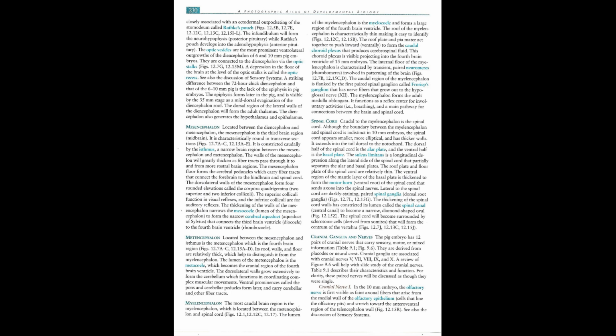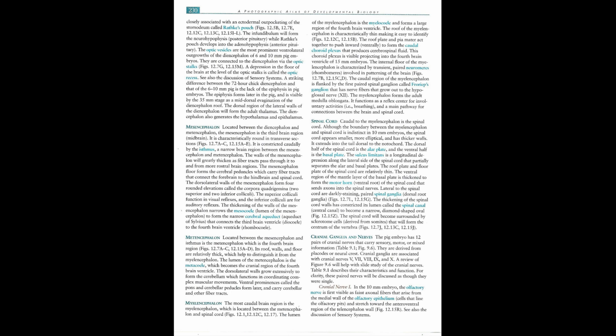The thickening of the spinal cord walls has constricted its lumen called the spinal canal, central canal, to become a narrow, diamond-shaped oval, Fig 12.15Z. The spinal cord will become surrounded by sclerotome cells, derived from somites, that will form the centrum of the vertebra, Figs 12.7, 12.13c, 12.15.